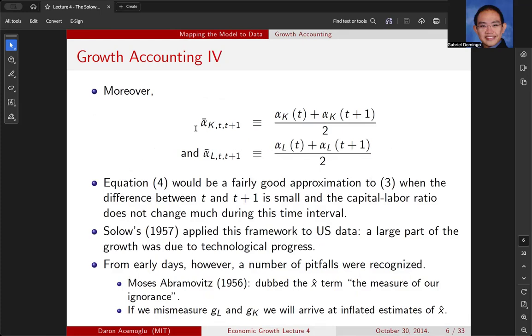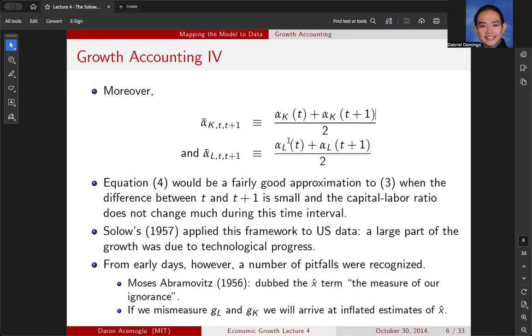And here we notice that usually the alpha that we'll be using is some sort of average over time. Even though we're saying that in Cobb-Douglas they're fixed, there'll still be some changes over time, wiggles in the value of the share of capital and the share of labor.